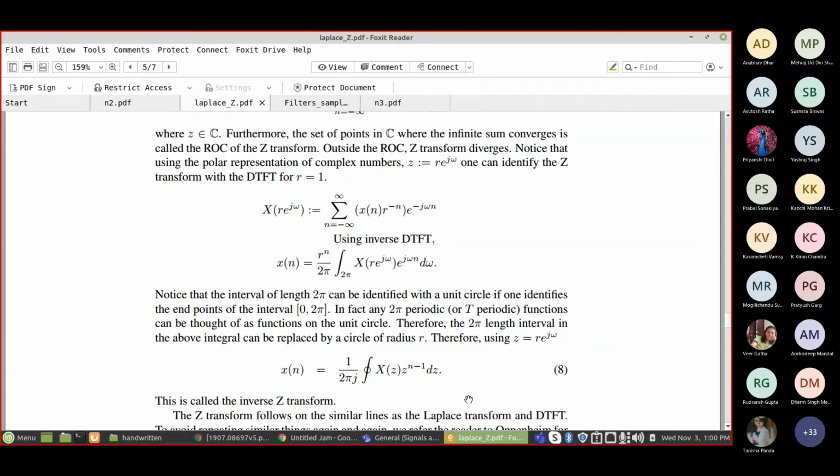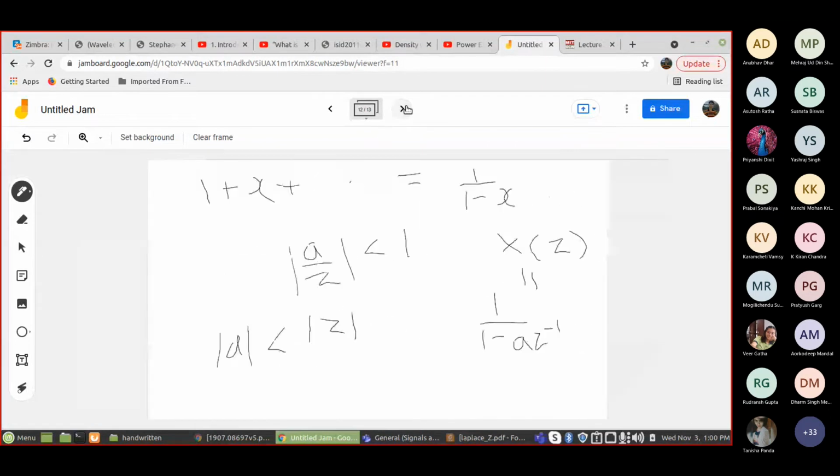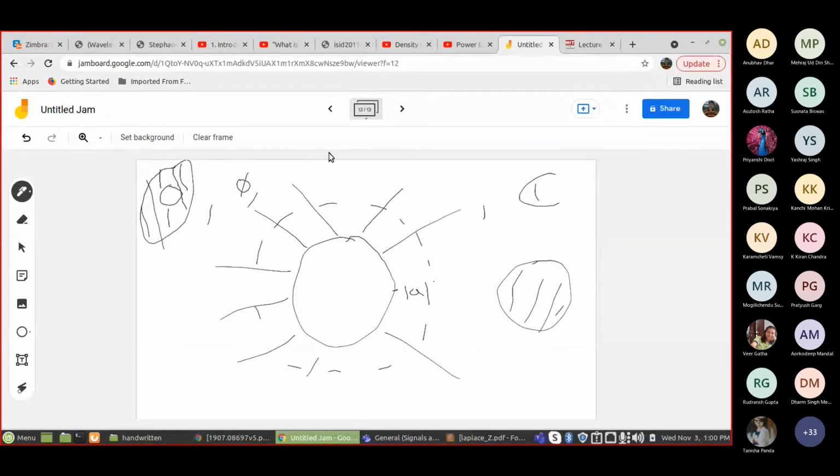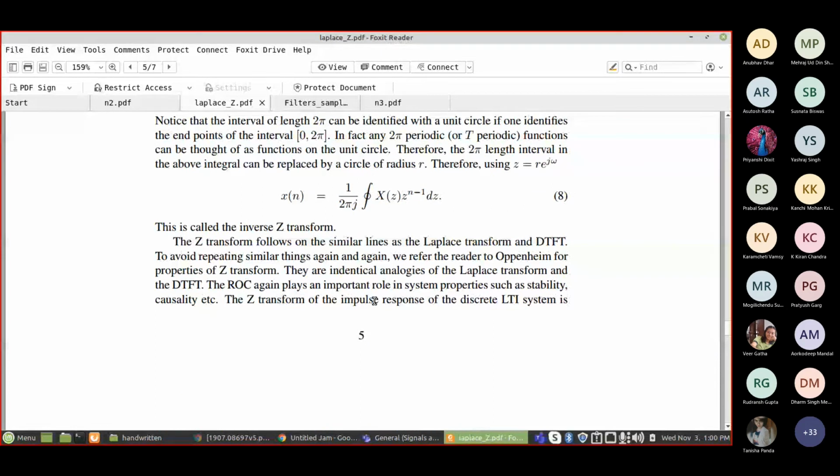That is the equivalent condition for stability of discrete signals. ROC must include the unit circle. Okay, so that was a very quick view of Z transforms.